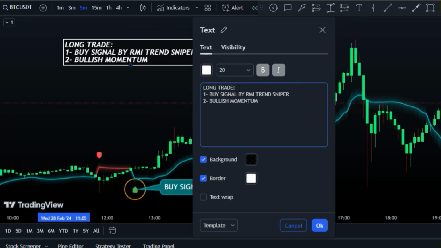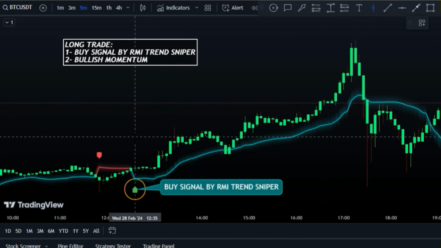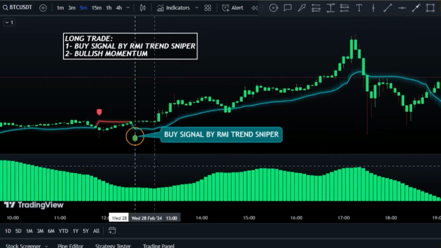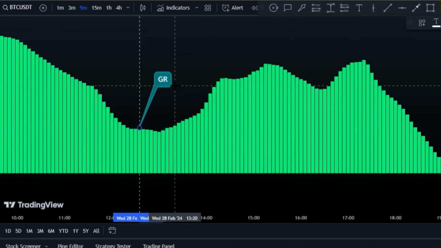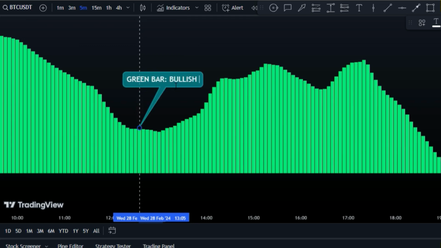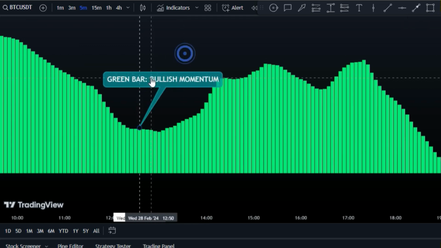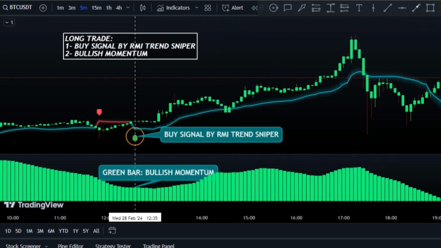If the histogram displays positive bars above the midline, this indicates a growing momentum in the market, confirming the buy signal. So once the RSI histogram validates the signal, you can confidently enter a buy position.